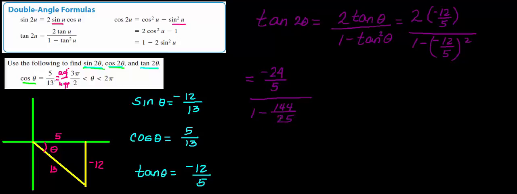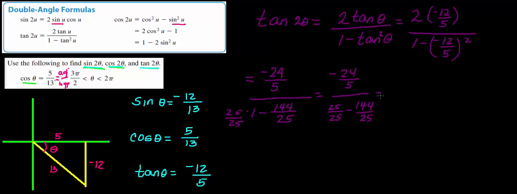In the denominator, I need a common denominator. So the common denominator is 25. To make 1 have a common denominator of 25, I'm going to multiply the numerator and denominator by 25. And then I get this much, negative 24 over 5 divided by 25 over 25 minus 144 over 25.